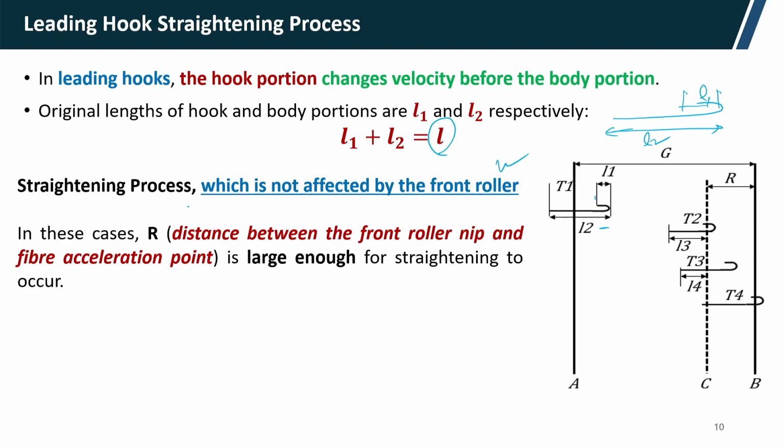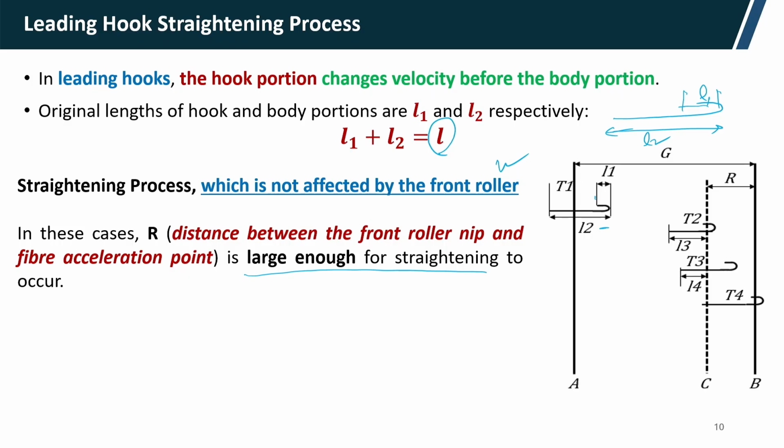When we are discussing the one not affected by the front roller, R is the distance between the front roller and the fiber accelerating point. This is the fiber accelerating point. Here the leading hook portion is actually straightened before it reaches the front roller. This distance is large enough for straightening to occur.